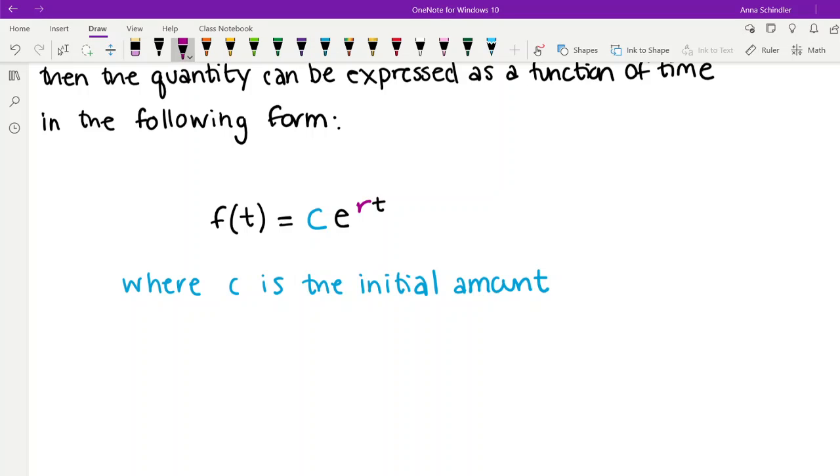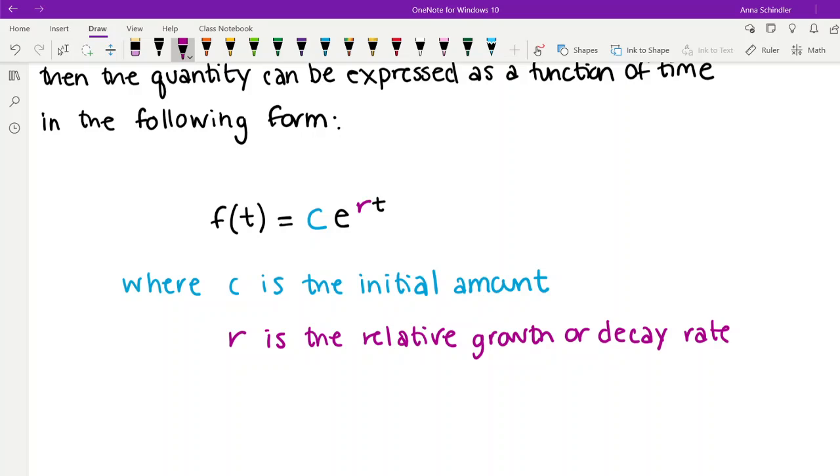And then what does r represent? r is the relative growth or decay rate. And so there's a couple of things that we have to clarify with this, which is that the growth rate is going to be given to you as a percentage, but you actually need to write it in this formula as a decimal. So r is a percentage represented as a decimal. And don't worry, we'll do examples of this where you'll see what I mean by that.